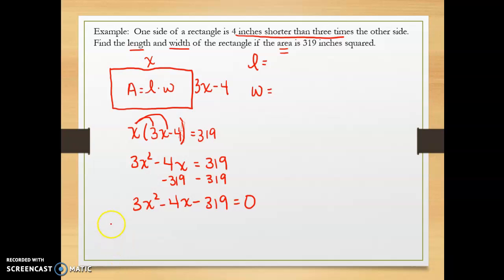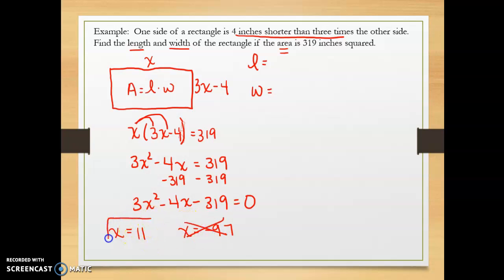And when I do that, with a being 3, b being negative 4, and c being negative 319, I get x equals 11 and x equals negative 9.7. So think about what we're talking about here. We're talking about the side length. If you told me the length is a negative number, it doesn't really make sense.